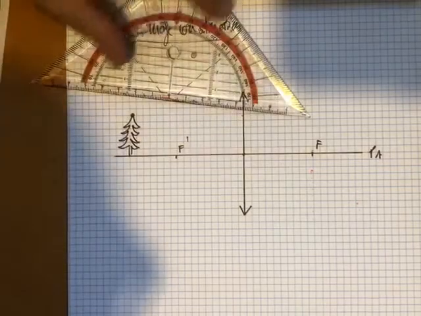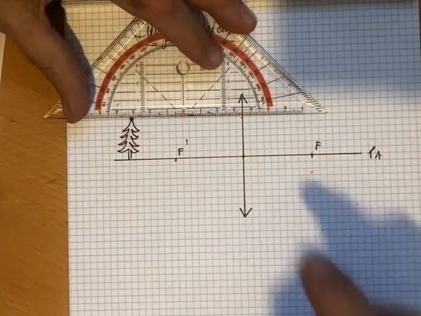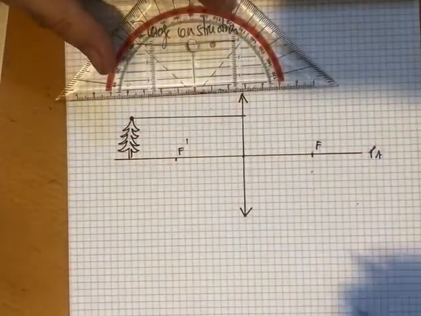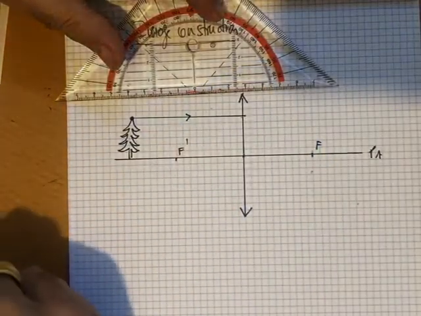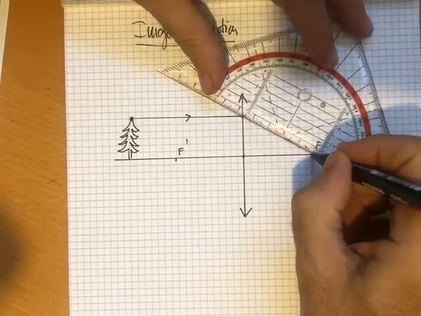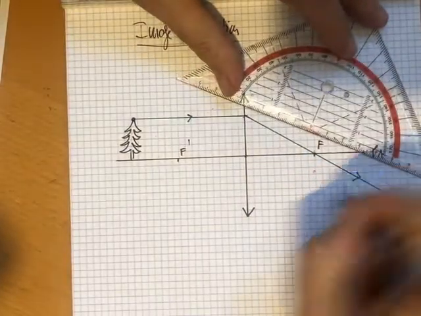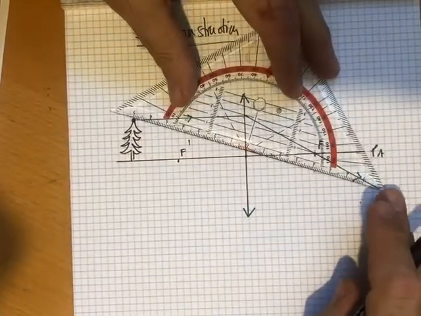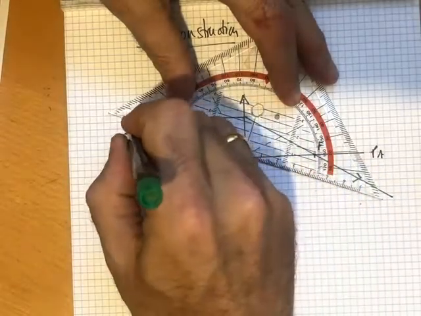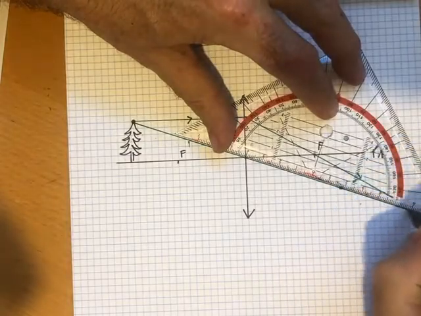And the remarkable rays are what? There is one which goes parallel to the principal axis, and then it goes where? Through F. Another remarkable light beam is the one that passes through the center of the lens, and we said this one is going straight.